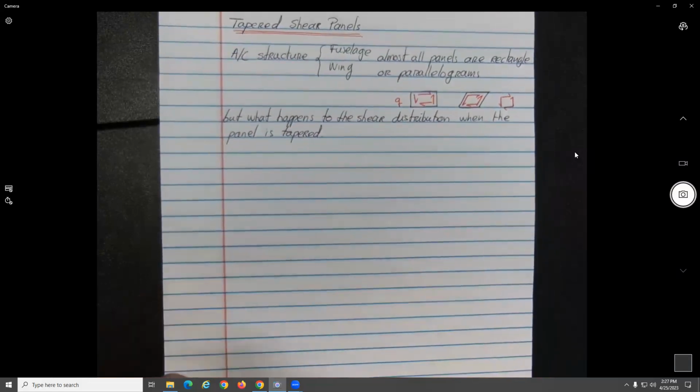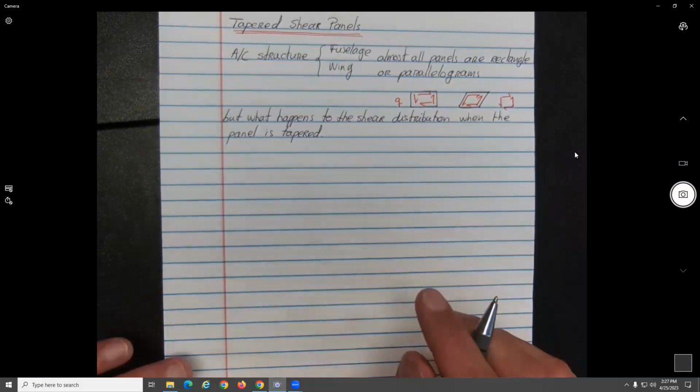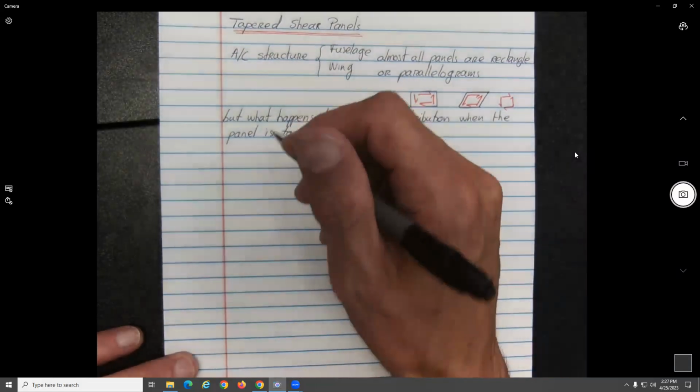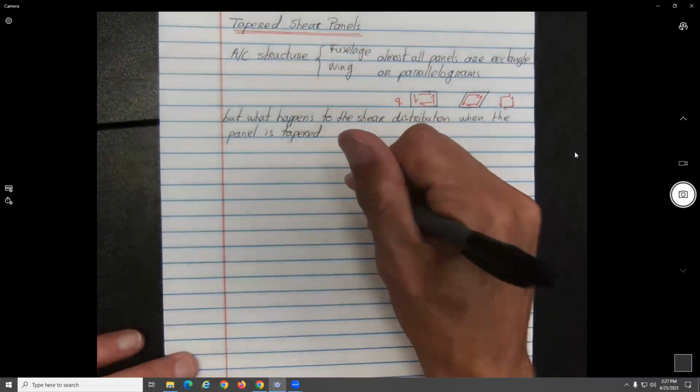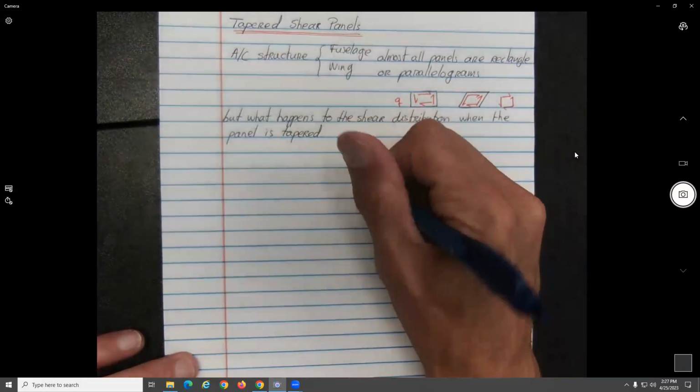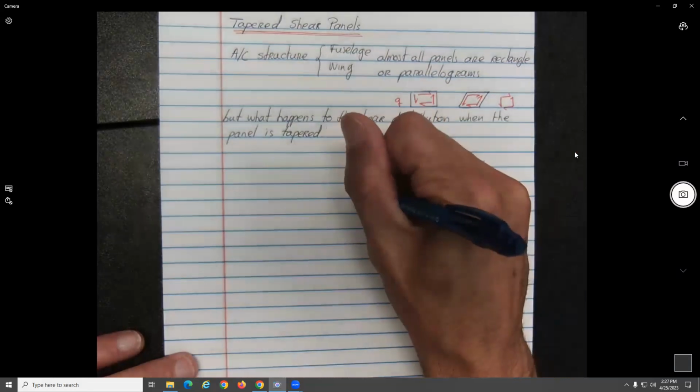Okay, so I'm going to do kind of the derivation. I don't know to how much detail, but I'll give you the concepts. I'd rather do an example. So basically, let's say we have a tapered panel. I'm going to do the simplest case.